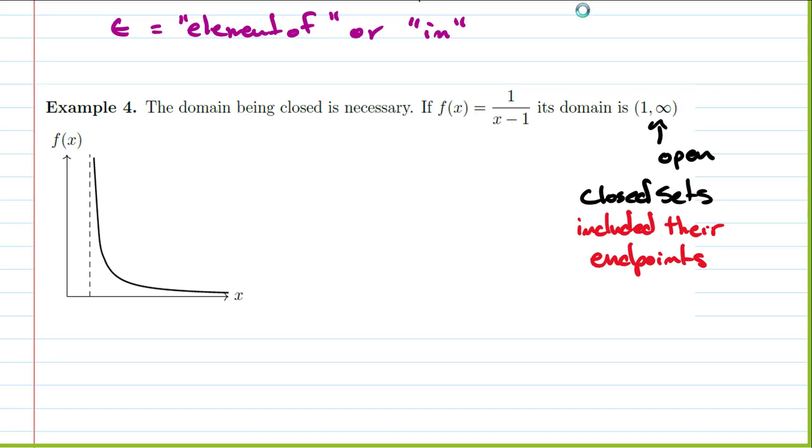In this, we don't include 1, and we can never include infinity because infinity is not a number, right? On this domain, since our domain's not closed, this function does not have an absolute maximum. It goes up forever and ever, all the way up to positive infinity, and it goes down forever and ever, but it never actually reaches 0, right? So it has neither an absolute maximum nor an absolute minimum.